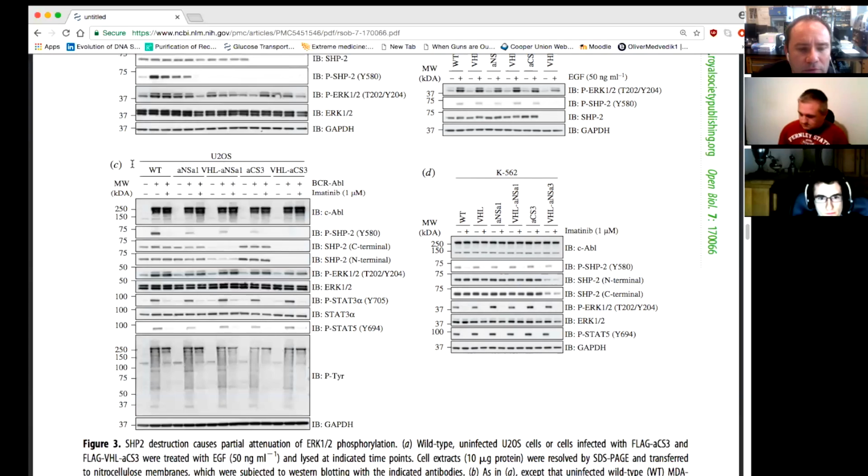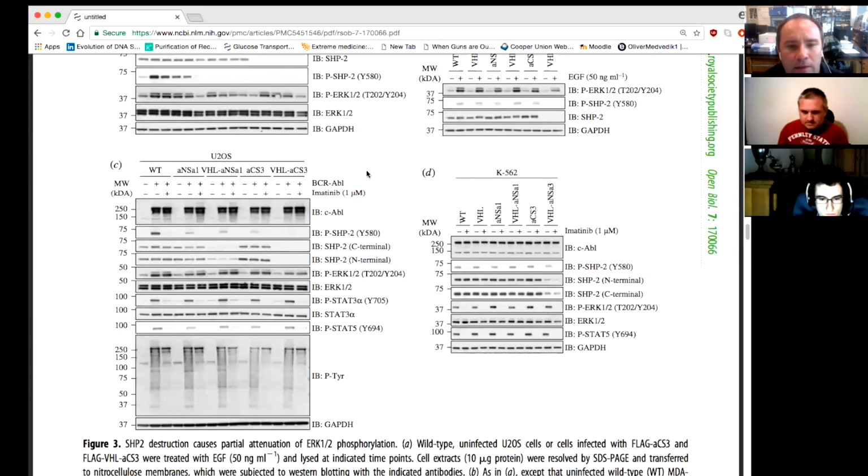So in figure 3C, they're looking at basically signaling downstream of this protein that's found mutated, a very famous protein called BCR-ABL. It's found mutated in a form of leukemia, and it's famous in that one of the first designer type drugs was developed against it that specifically targeted BCR-ABL.